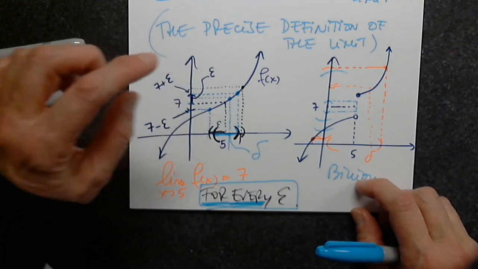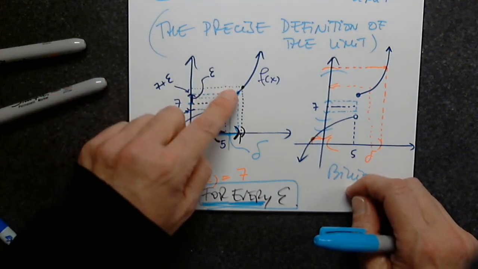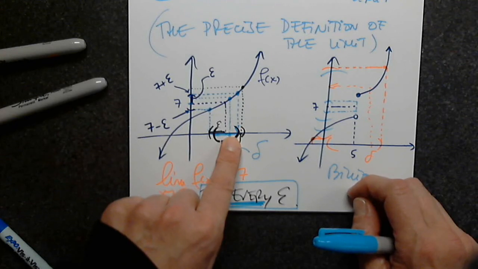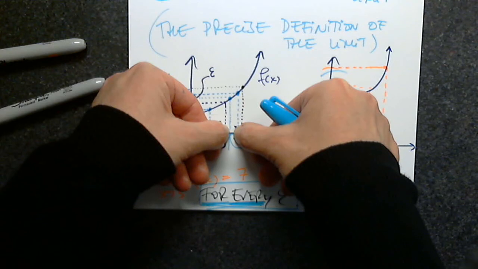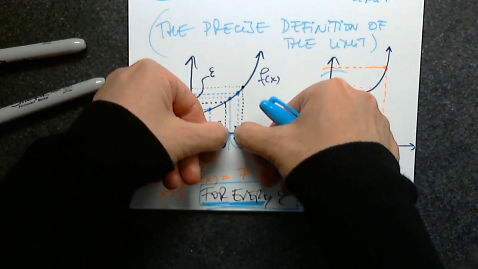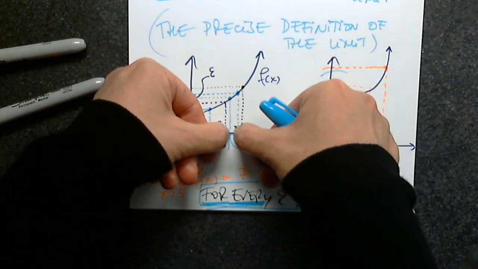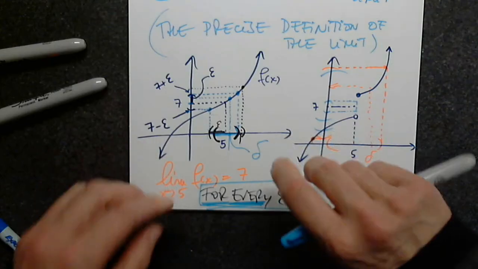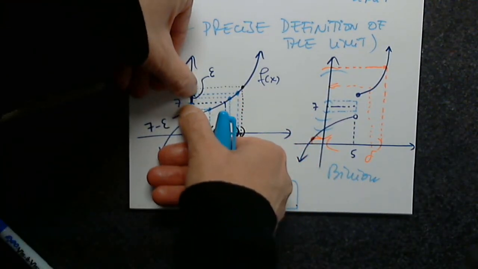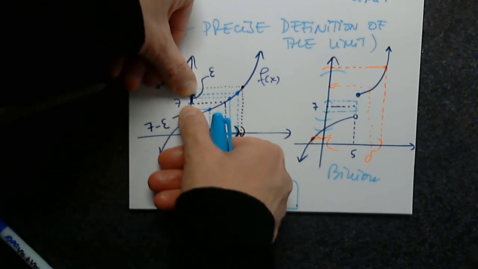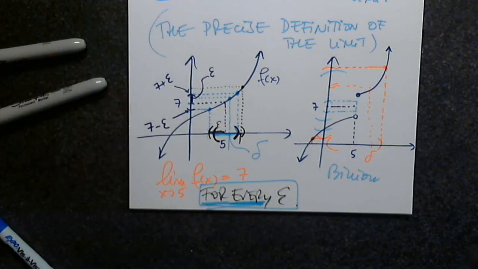For every epsilon positive, I will find delta positive, such that when I pick x with a distance between x and 5 smaller than delta, not here. When I pick x with a distance between x and 5 smaller than delta, f of x will fall here, meaning the distance between the function value and 7 will be smaller than epsilon. Guaranteed.